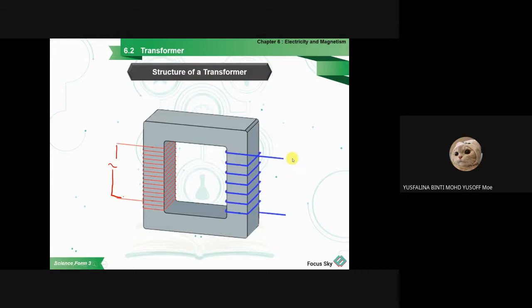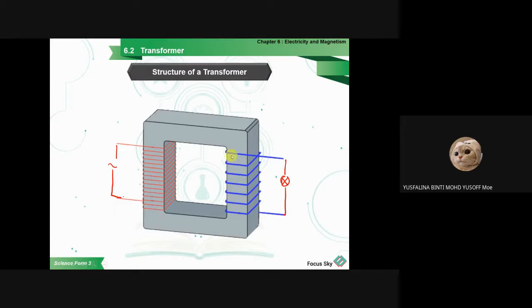And let's say we connected it to a bulb, the bulb will light up, right? So this is using electromagnetic induction. The alternating current produces varying magnetic fields, and then the magnetic fields are transferred to the secondary core by the soft iron core.